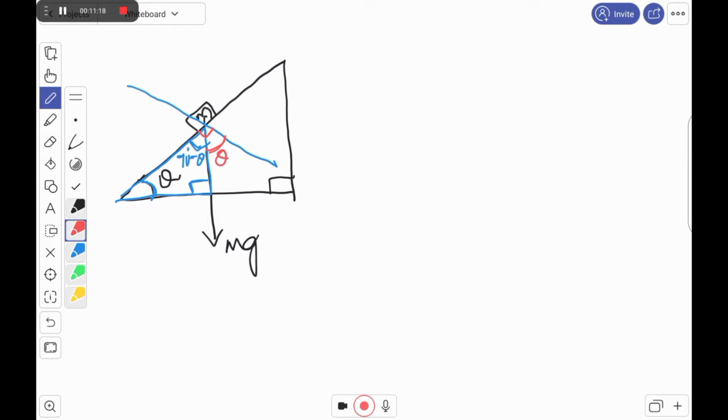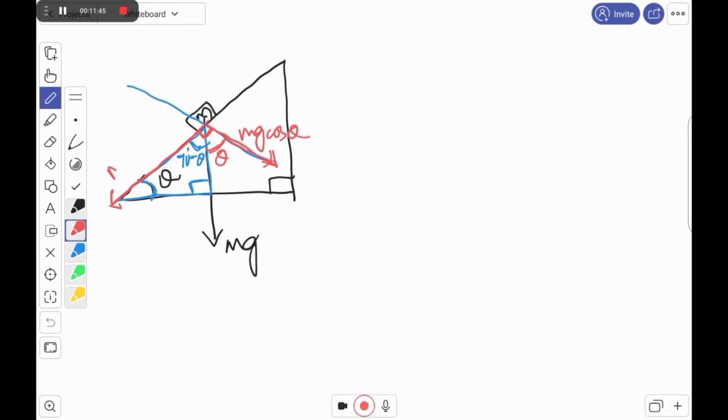Okay. Now the line adjacent to angle theta is your mg cos theta. Very important, mg cos theta, children. Then what is the perpendicular to this line? As you can see, this is your 90. So perpendicular to this line is this line only, that is the line along the incline.